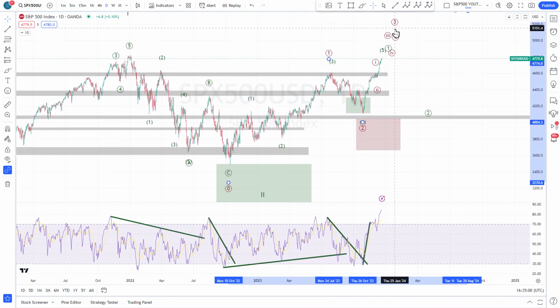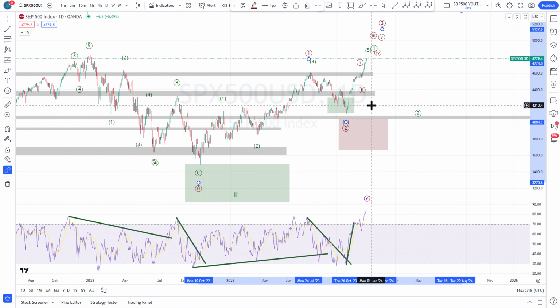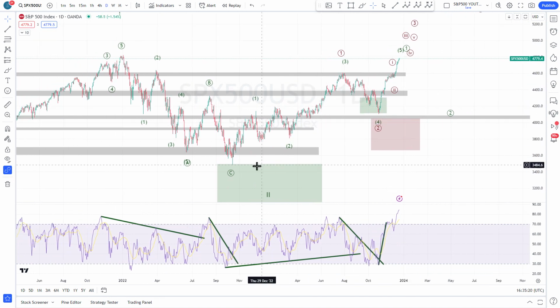So this wave 3 here in red would be one explanation for this strong RSI reading right here. This normally does not happen in a fifth wave. The fifth wave of an impulse is supposed to end with divergence. So therefore, the scenario in red now looks more supported than the scenario in green.